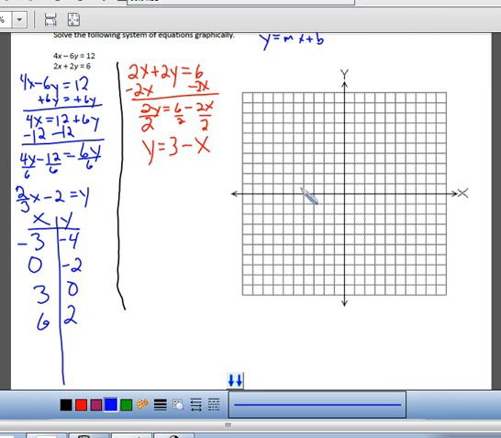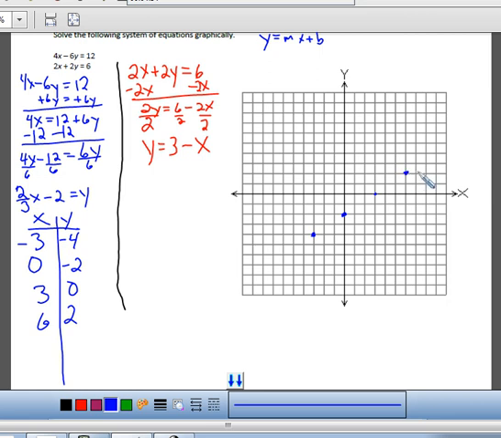There's obviously more, but that's enough for me to see what I need. So -3, -4, put a dot, 0, -2, put a dot, 3, 0, put a dot. And now I can actually see the pattern, up 2 over 3, which is my slope.